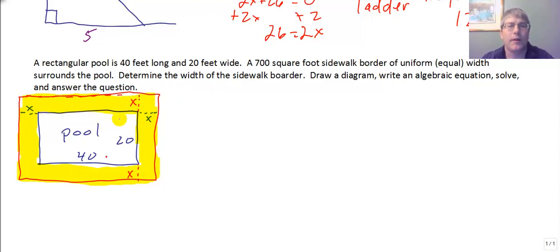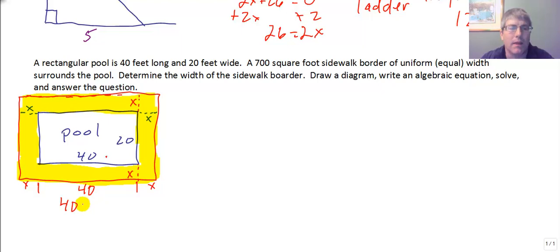We want to determine the width of this particular sidewalk. So that's our unknown. It's x. And it's x to the right of the pool, and it's x to the left of the pool. So as it turns out, this dimension, this length, while it's 40 from matching the width of the pool, we have to add an x dimension on each side.